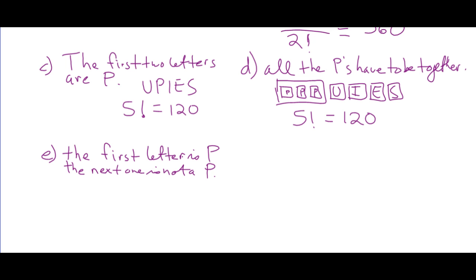Let's write out all the letters, right? It's not going to hurt to. So P, U, P, P, I, E, S. Okay, first letter is a P. How are we going to deal with that? Take out one of the P's. Does it matter which one? No, they're all the same. Okay, so that P's gone.